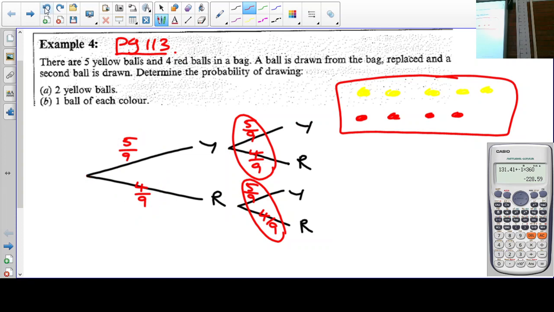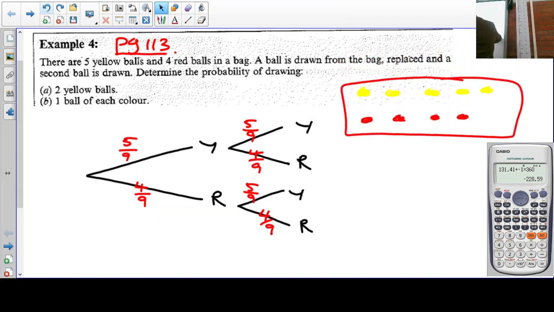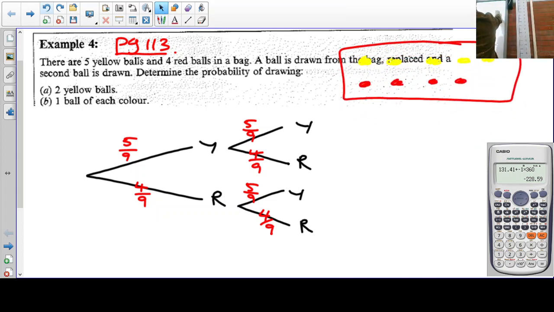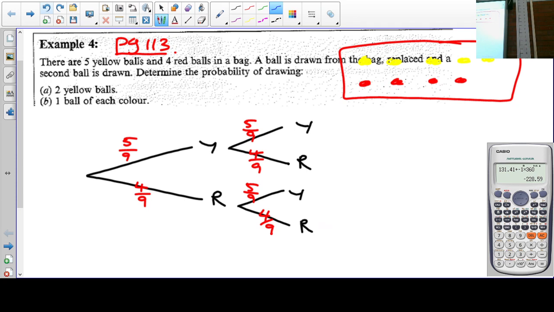So let's look at the outcomes. It's 4 over 9. Let's put the yellow balls there. My outcomes, if they say list your outcomes, the meaning is you must do the following. It can either be yellow and yellow.